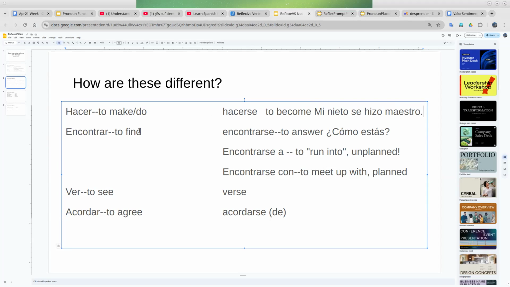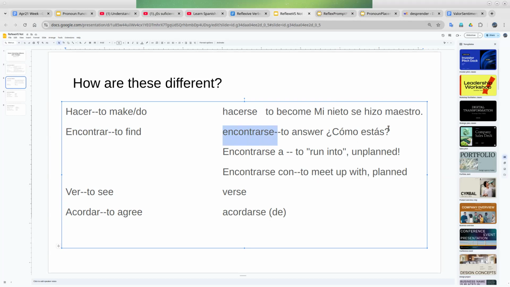Let's take a look at this, because this is often used in greetings when we do the chit chat of meeting somebody that we haven't seen for a while. Encontrar means to find, something was lost, and oh, somebody found it. But encontrarse has a bunch of different meanings. We're going to check it out.